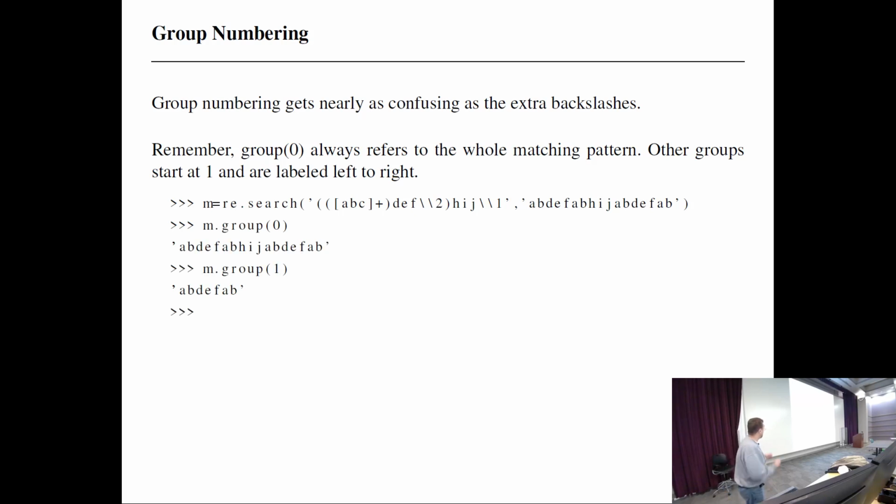Group 1 will be AB, DEF, AB. Group 2 is just AB. Group 2, left parentheses 1, left parentheses 2, is that ABC plus. So that's going to be AB. Group 1 is that plus DEF plus a reference to group 2. So AB, DEF, AB. And the whole pattern is that substring with an HIJ and then that substring repeated again. And that's why I get a match.